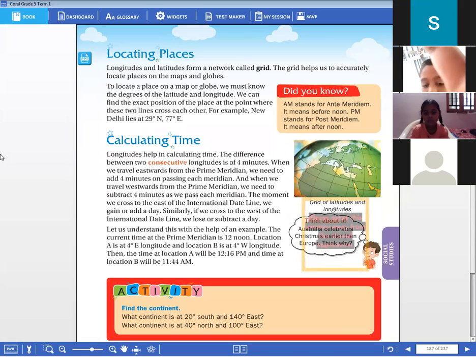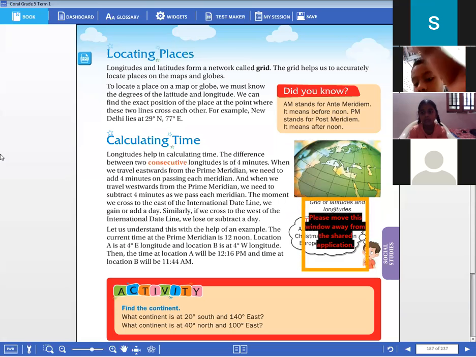How many latitudes and longitudes will be there? 181 latitudes are there and 360 longitudes are there. You can combine and play with them, and you'll discover lots of locations.